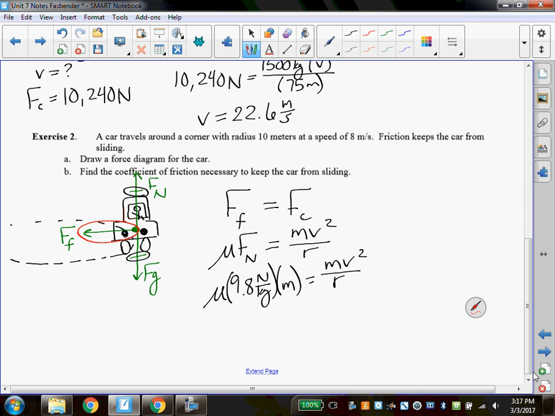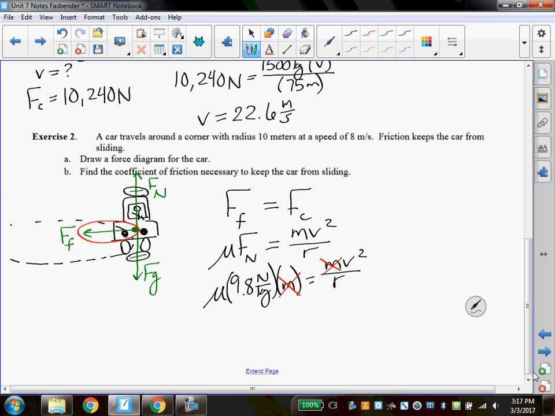That's okay. If we look at the left-hand side of the equation and the right-hand side of the equation, we have mass in every single term on both sides of the equation. So that means that the m cancels out, and we were never going to need the mass in order to solve this problem, which is pretty excellent.